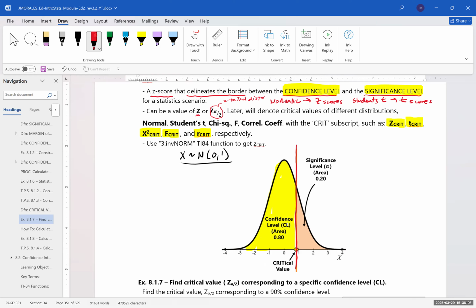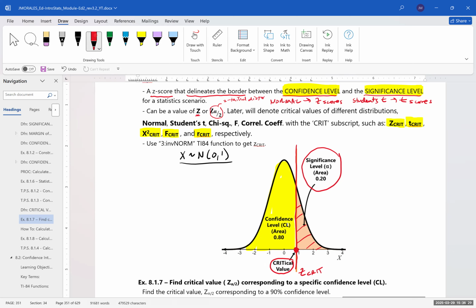And on the other side of that border line, we have the significance level. So that's this area here. And the value that defines the location of where that border line is, is the critical value. And so this would be where our Z critical value is located.